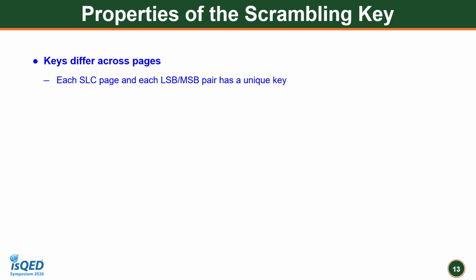Even if you can retrieve a key for one page within a flash block, the same key will not apply to the remaining pages within the block. We believe that the physical page number determines the scrambling key through the linear feedback shift register.